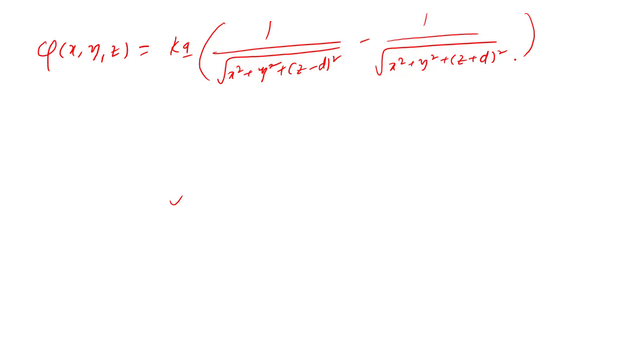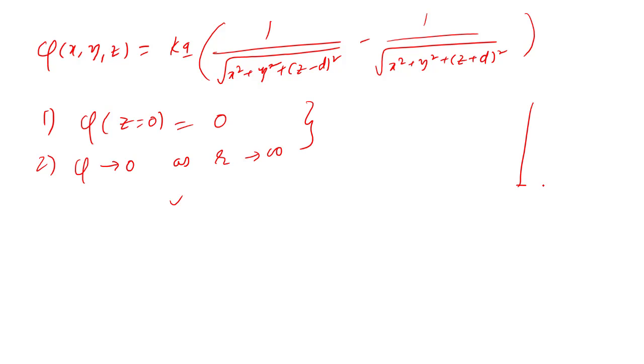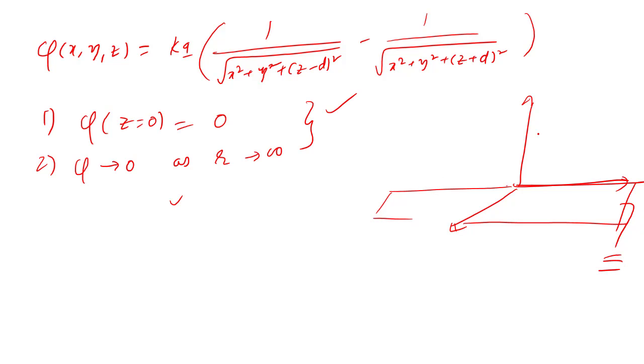So this scalar function satisfies the boundary condition that phi at z is equal to 0 is 0, and phi goes to 0 as r goes to infinity, which are the boundary conditions that we have for our original problem, where we have a conducting plane that is being grounded. That's the first condition, and there is a charge up here, and this is a generalized boundary condition. So this satisfies both the boundary conditions for our problem. So this must be the solution from our uniqueness theorem.